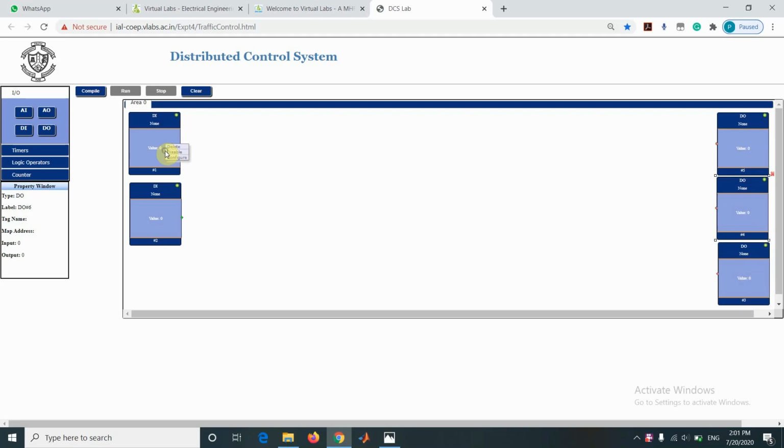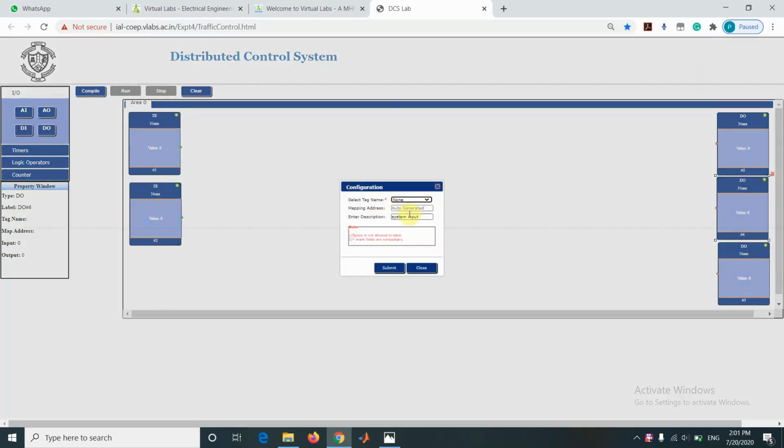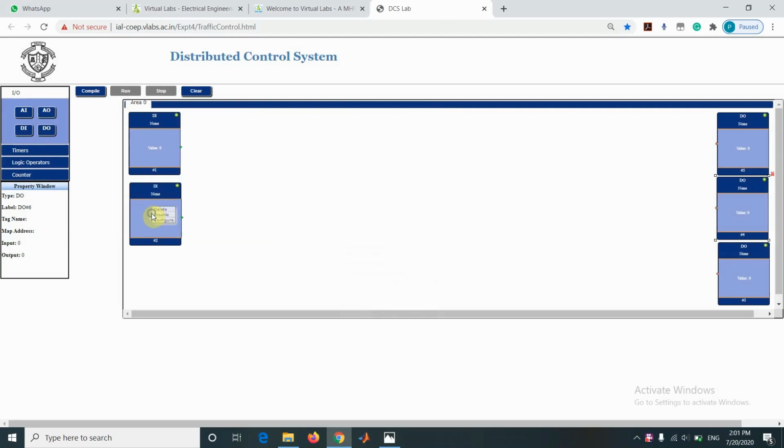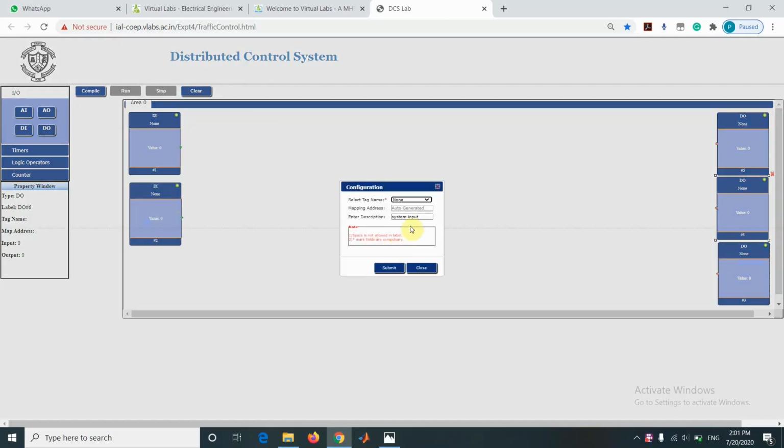Now let us name them. System input, that's correct. VIP arrival signal.